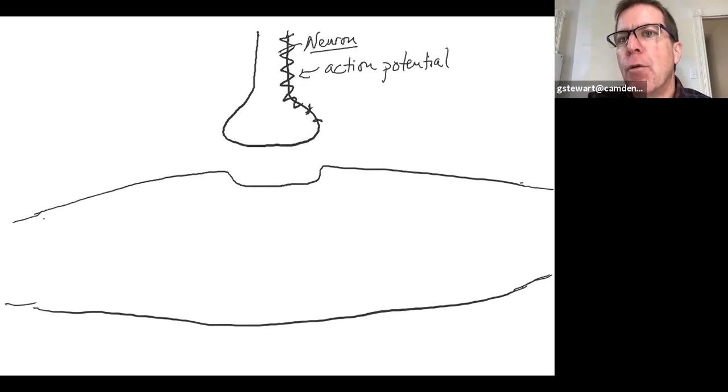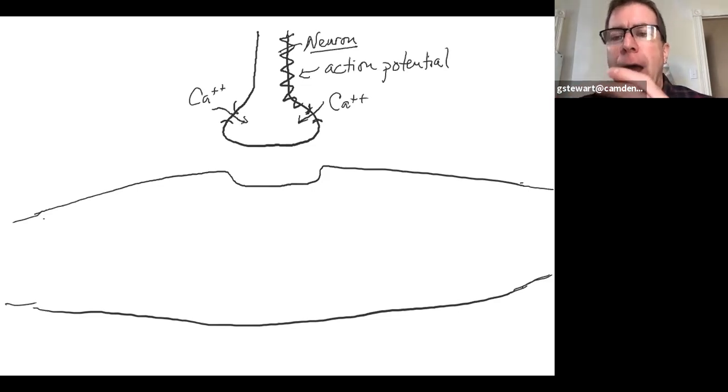So I'm drawing little doors opening up. These little pores or gaps or channels open up and allow calcium ions to flow in. I'll review all of this at the end. So don't feel like you have to grasp this the first time. I would watch this multiple times.